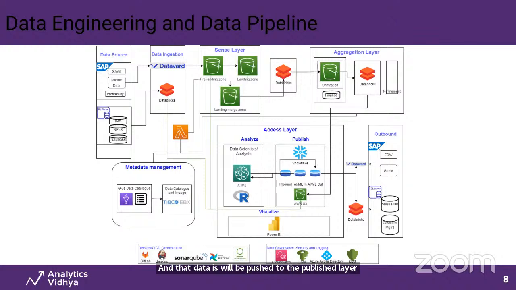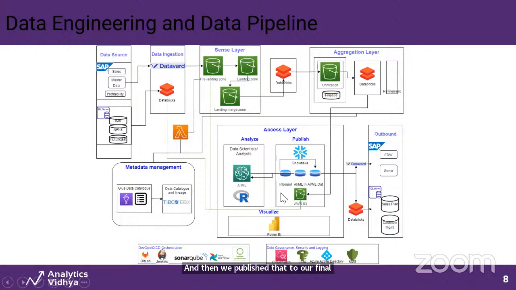In the publish layer, we might have some further logical divisions. From this, our data scientists or data analysts may run some machine learning models. For example, if we have some time series data and want to do a forecast, we apply some data science model on top of that, and then we publish that to our final database.